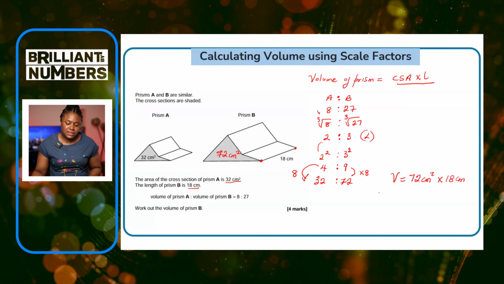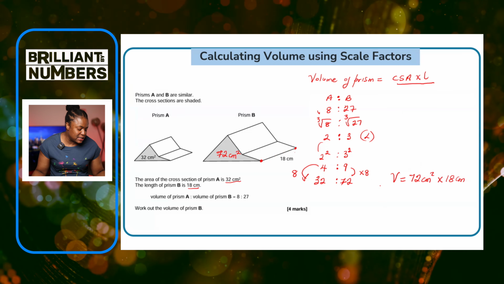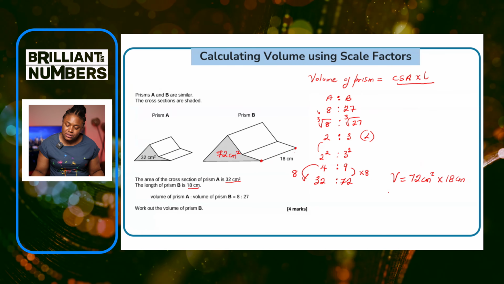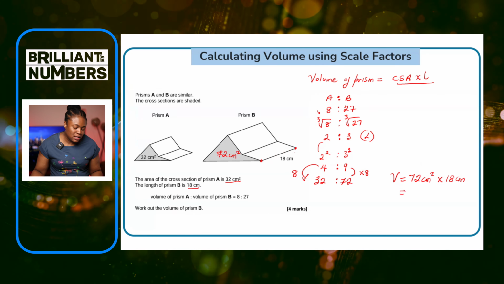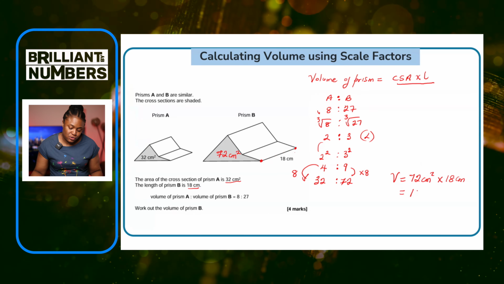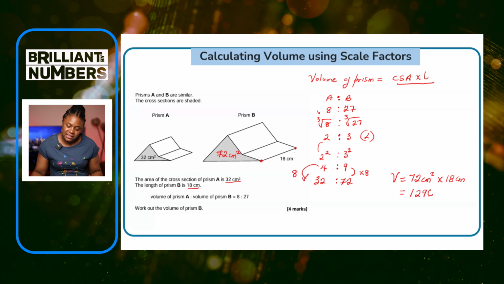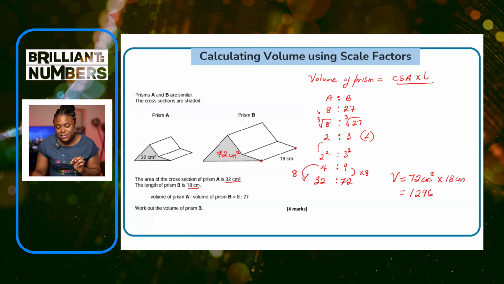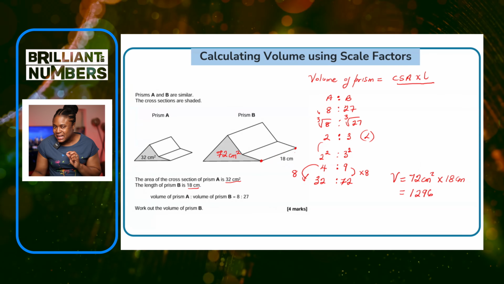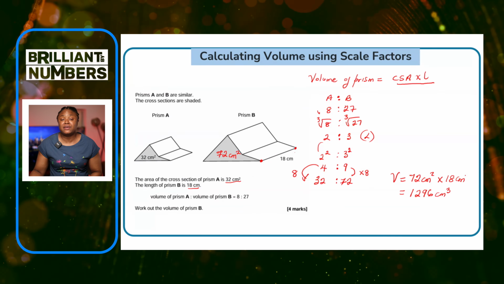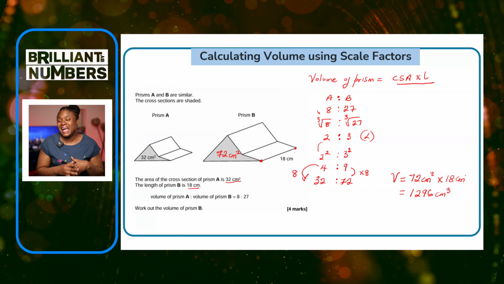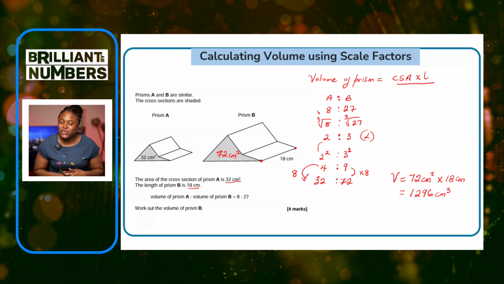So I'm just going to put 72 times 18 in my calculator. So 72 multiplied by 18, that's 1,296. Now centimeters squared multiplied by centimeter gives me centimeters cubed, and of course I know I have to end in cubic units.